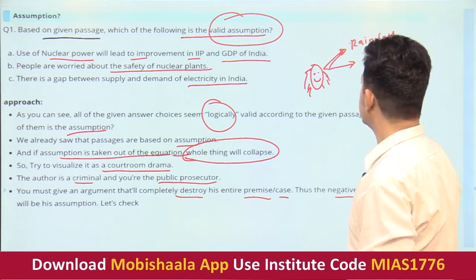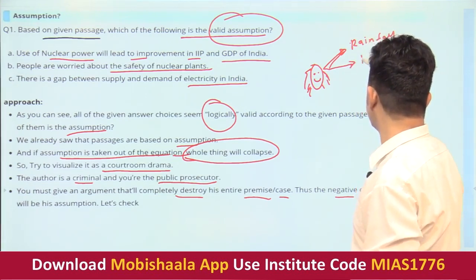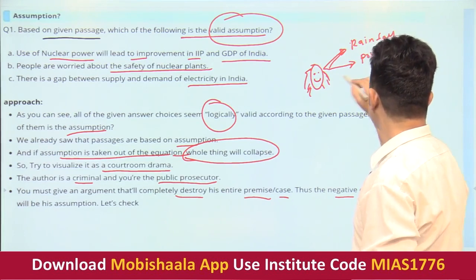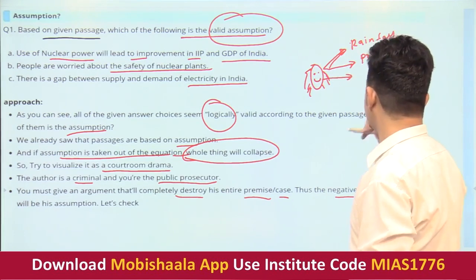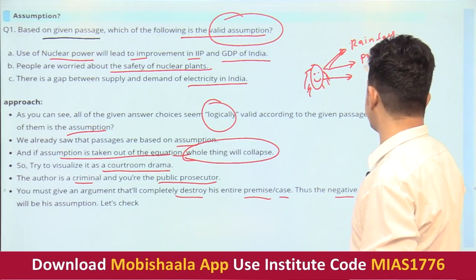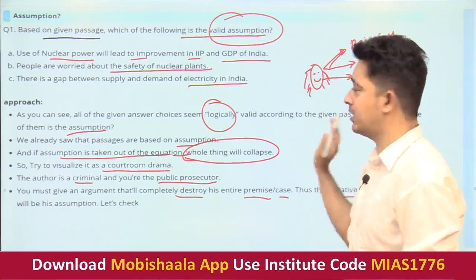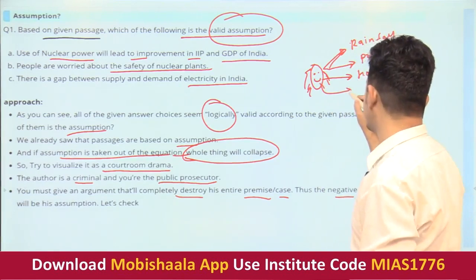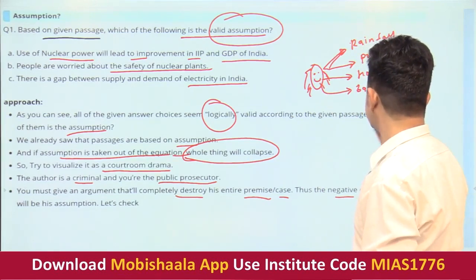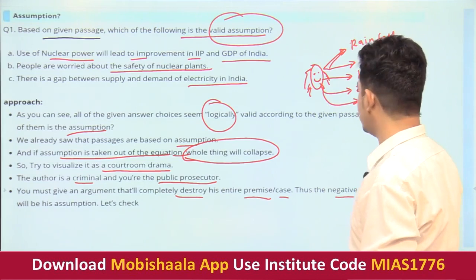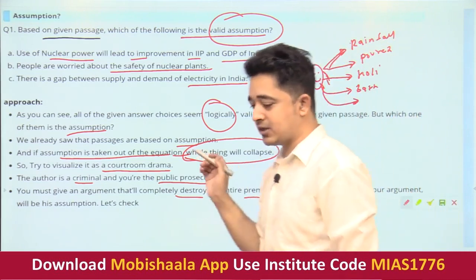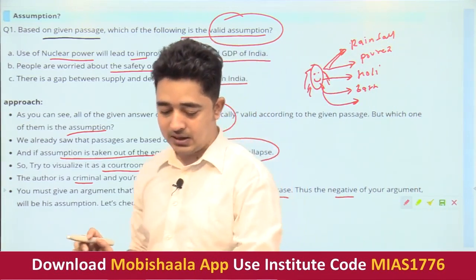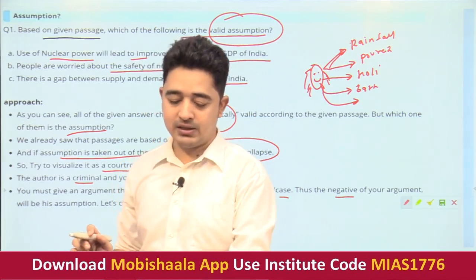Second, someone might have poured water on the person. Third could be that there was the festival of Holi. There are lots of possible assumptions. Fourth, the person might have had a bath. Fifth could be anything. But what exactly should be the assumption, so that we can easily remove all these others?